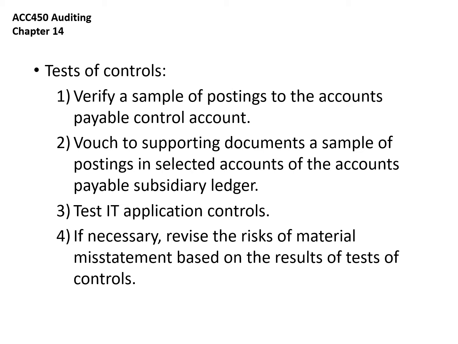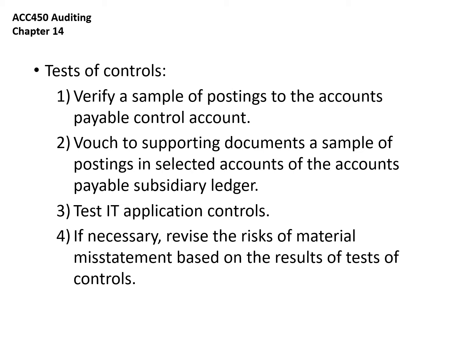I would use data analytics to try to find entries to the accounts payable control account that don't flow through, say, the purchases journal or the cash disbursements journal, and those would be the equivalent of selecting those items in the accounting software package. I would vouch some supporting documents to physical documents.